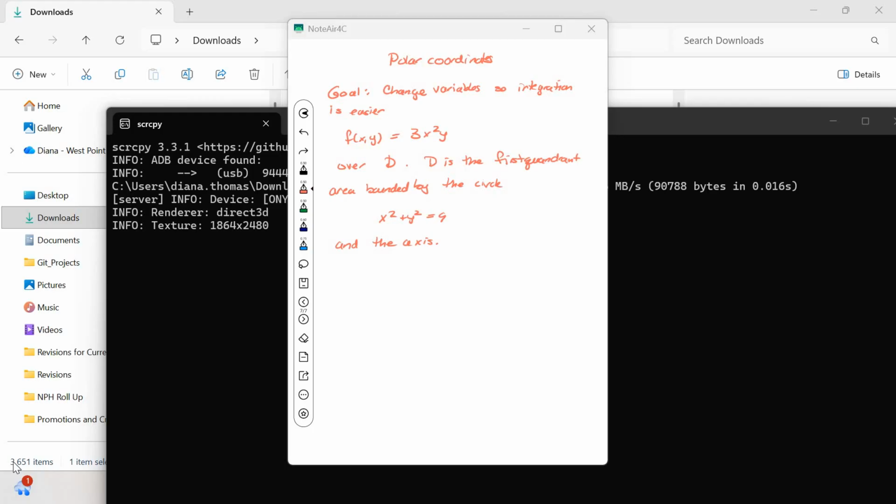Question? It's just D. It's a period. It's a new sentence. D is the first quadrant area bounded by the circle and the axes.